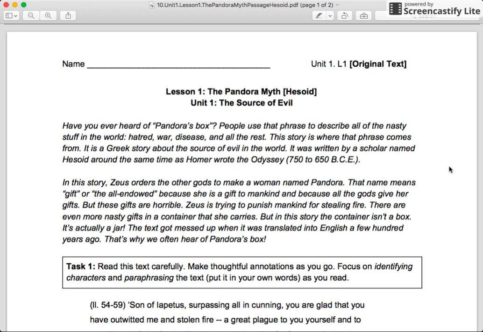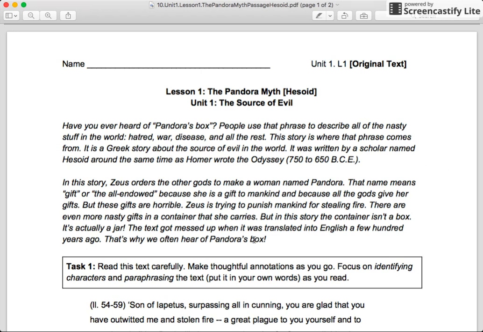Why is the world a place that has evil in it? Why is there evil in the world, really? So this story, the Pandora's Box story, is one very important, very well-known story about why evil came into the world, or how evil came into the world.